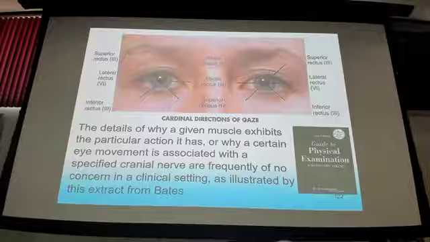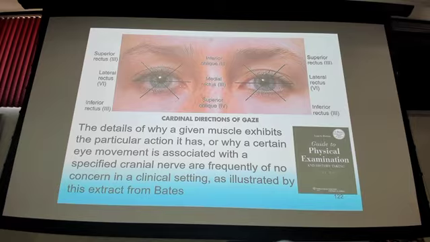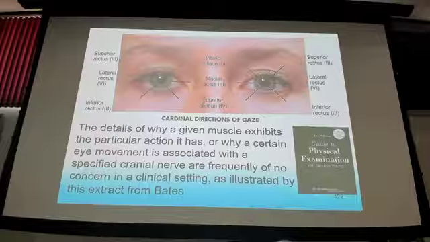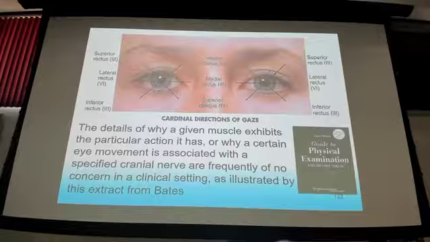Not at all. Ophthalmologists do, but clinicians don't. Because we don't use anatomy books to do physical exams, really. We use physical exam books like Bates, which you're going to use. And Bates' physical exam says Mr. Wright's an idiot.